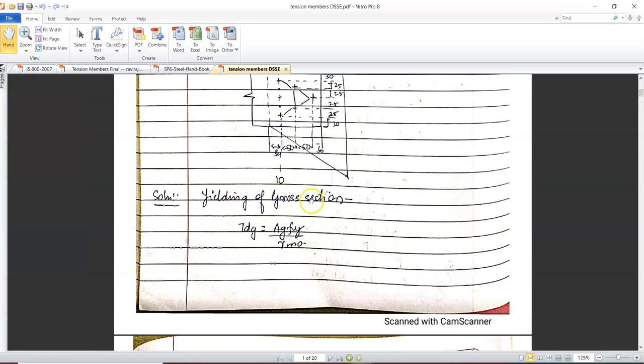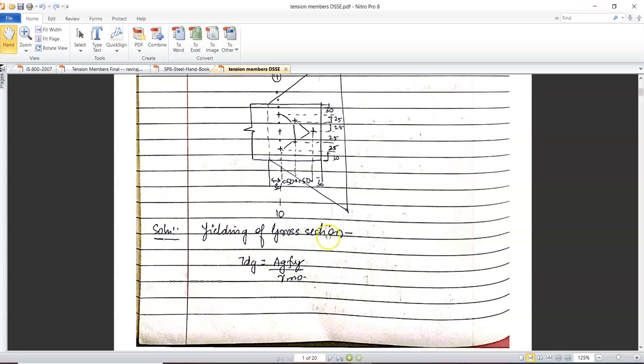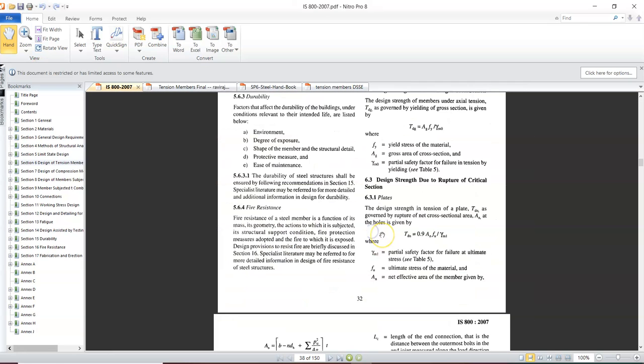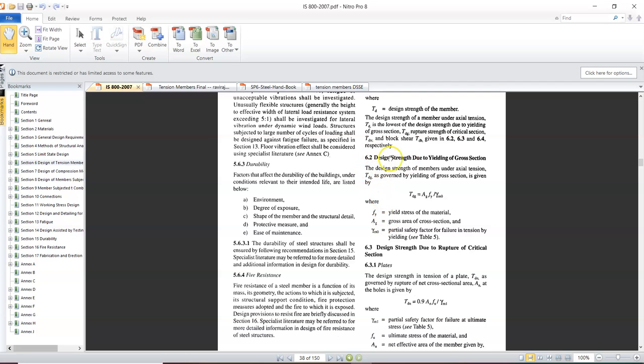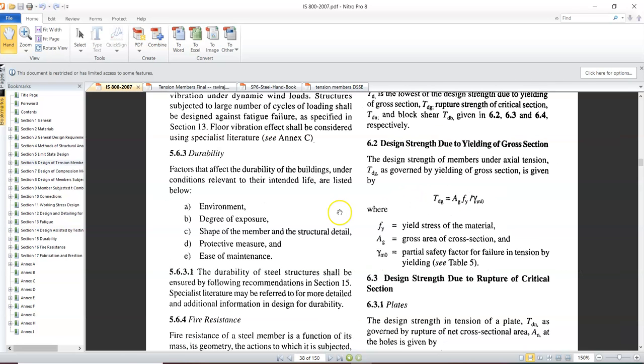The first one is yielding of gross section. So as the name itself says, gross section, that is the total area. Now referring to IS 800, that is clause number 6.2. The formula to calculate design strength due to yielding of gross section is TDG is equal to Ag into Fy by gamma m naught.